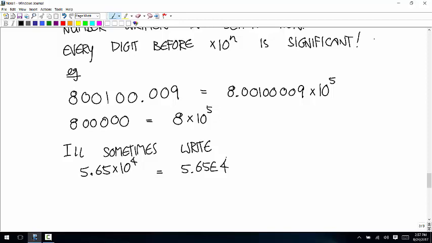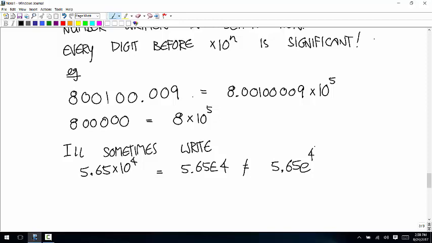Because that's how you enter it into your calculator. And it saves a couple pen strokes for the extremely lazy. But you can do that in this class. I don't mind. I think there are probably classes you'll have later where they don't like that so much. But just be sure that you don't do this. This is not the same thing as 5.65 e to the power of 4.